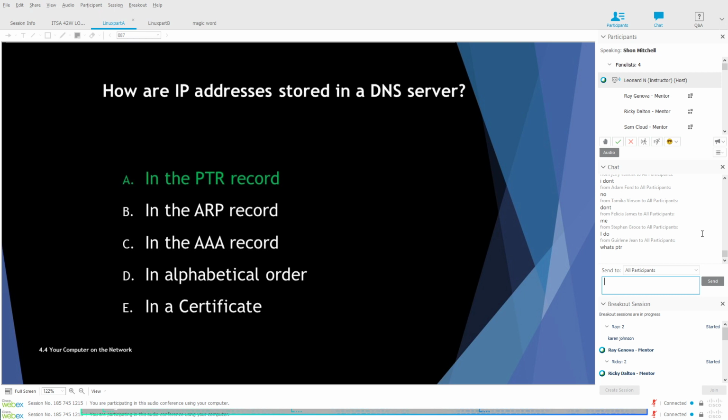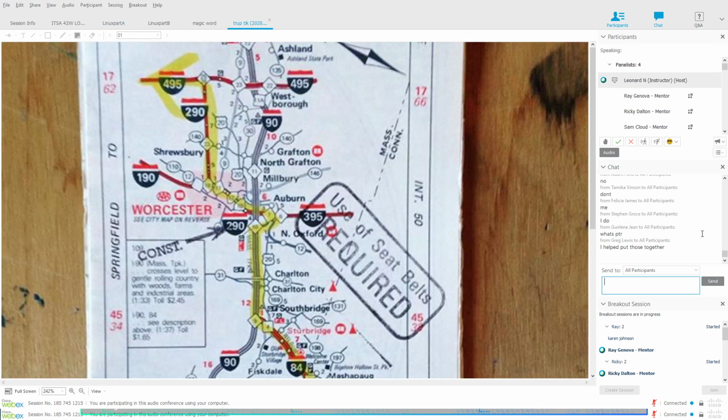If you were a AAA member, when you were going on a trip, you would get a map you could turn from one page to the next as you were traveling. So this is a really old one. Do you know how we know this is a really, really old one?